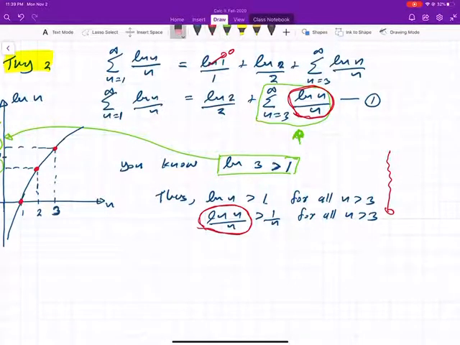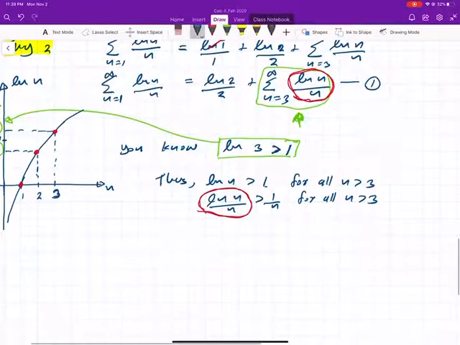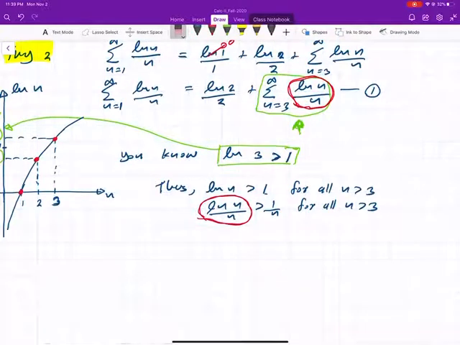Alright, now I have this inequality. What happens if the sum of this diverges? If the sum of this diverges, the summation of that should also diverge. Let me write that down.